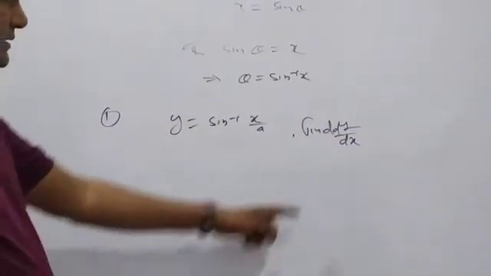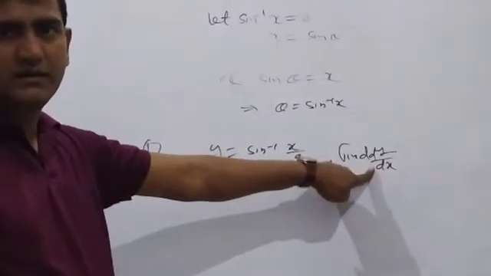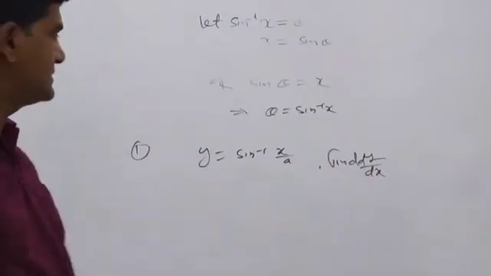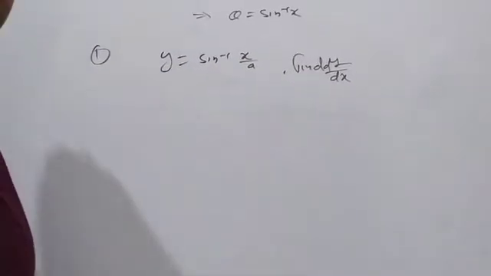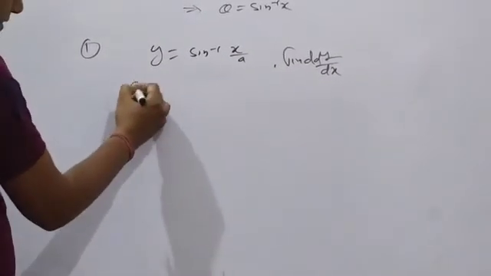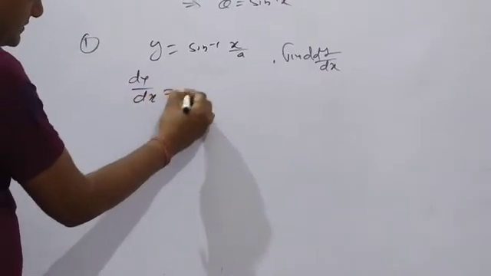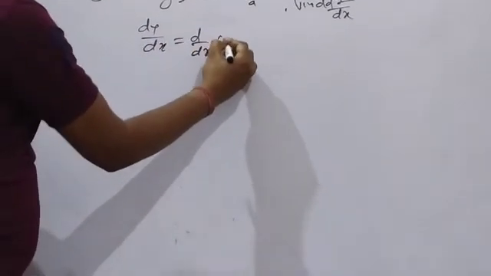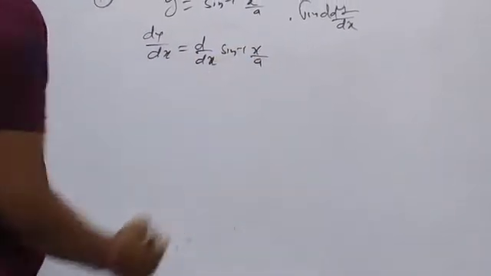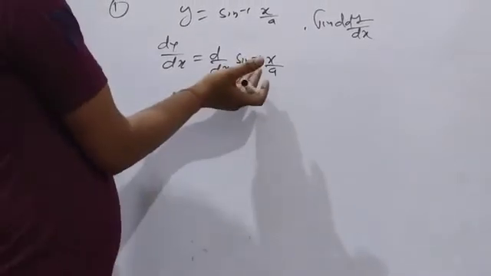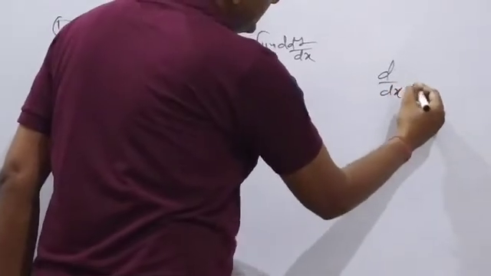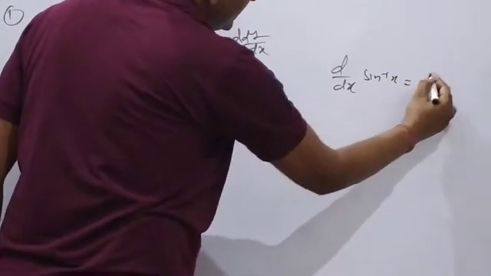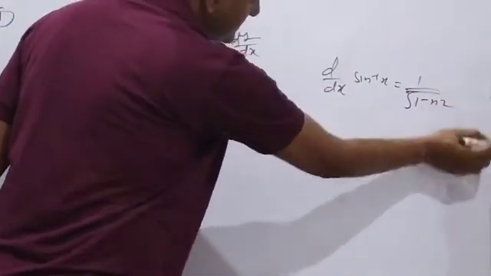The symbol indicates what we have to find. dy by dx means differentiation of this function with respect to x on both sides. Then dy by dx is equal to d by dx of sine inverse x by a. As you know the formula, d by dx of sine inverse x is equal to 1 upon under root 1 minus x square. This is the formula.